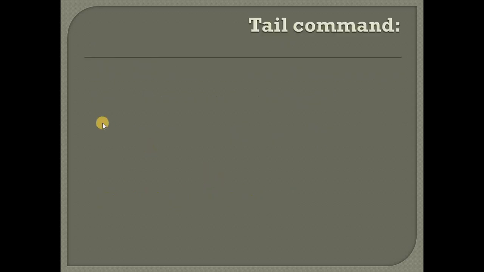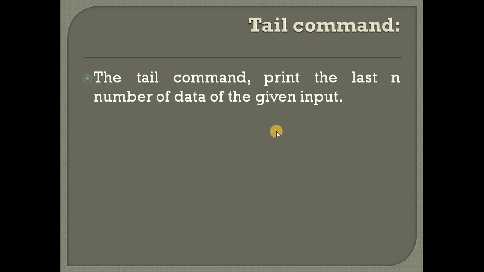Next we'll move on to the second filter command, that is the tail command. It is the complement of the head command, that is it works completely opposite to the head command. The tail command, as the name implies, prints the last n number of data of the given input.